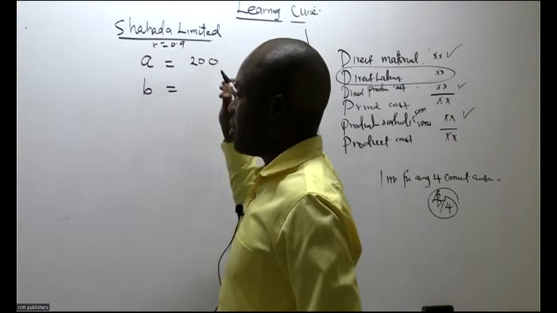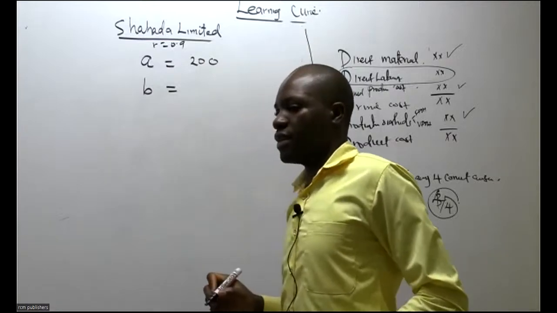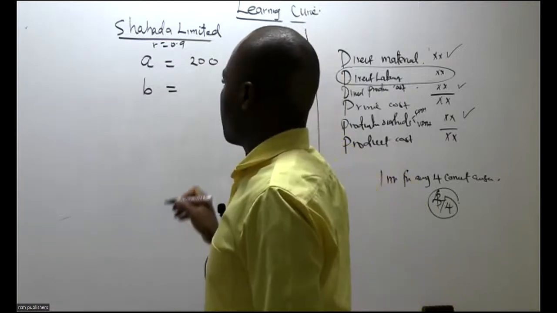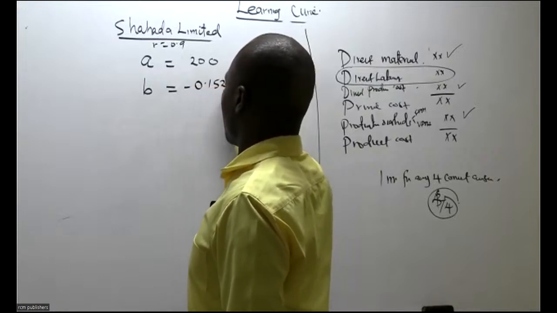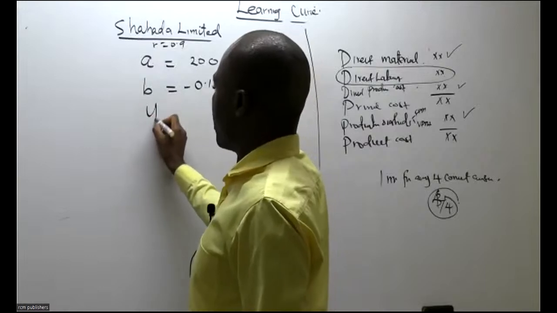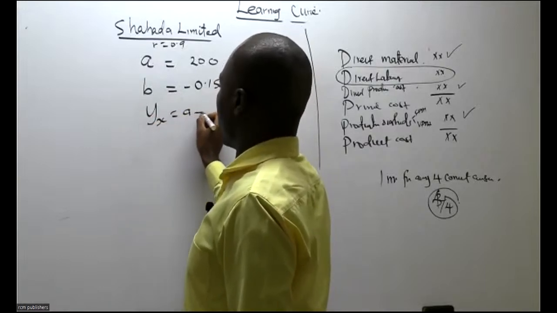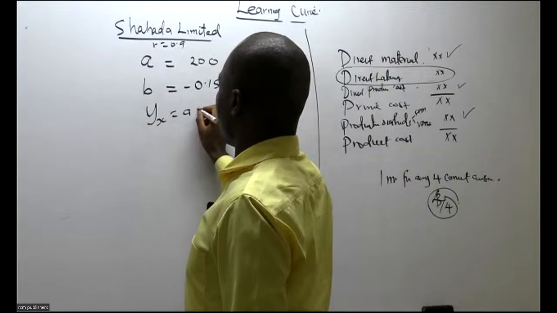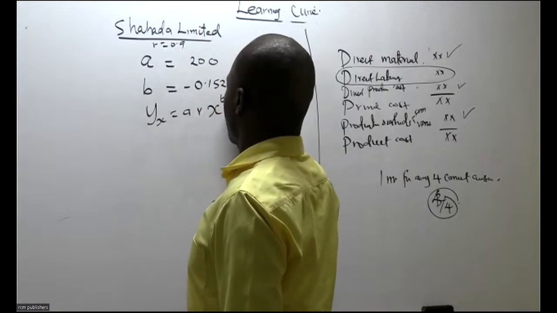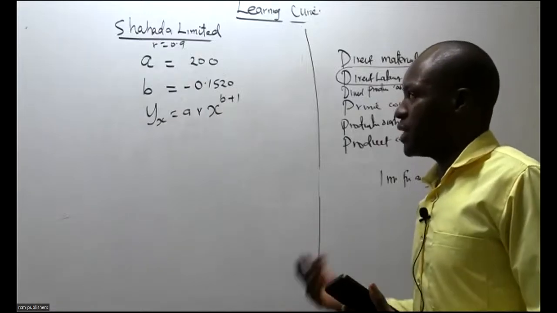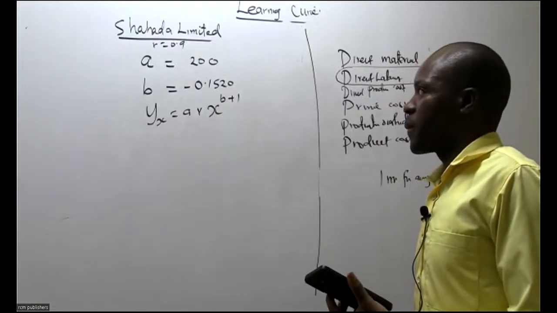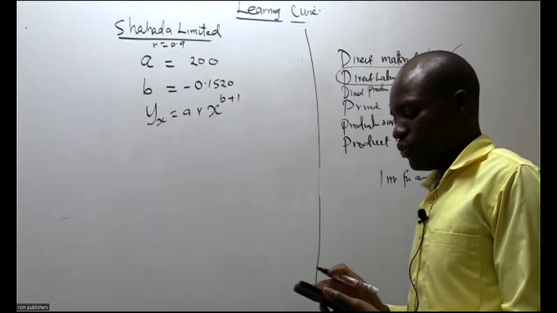Log R divided by log 2 is giving us negative 0.1520. And we know that Y X is equal to A multiplied by X raised to power B plus 1. So that one we know very well. Let's now go to the question and identify what the examiner wants us to do.